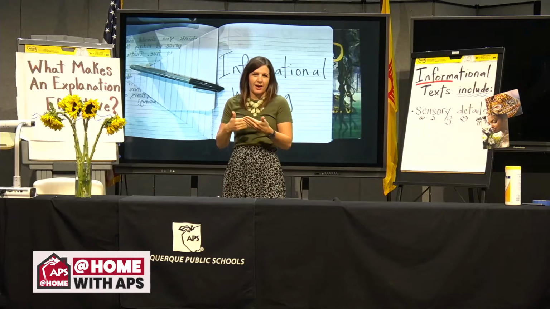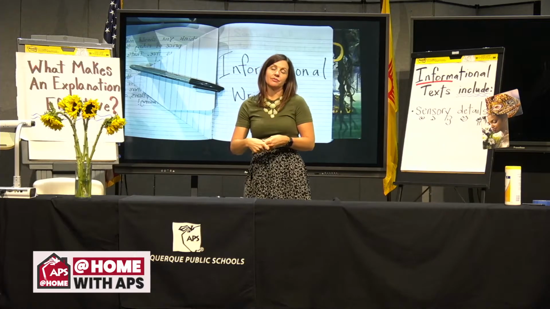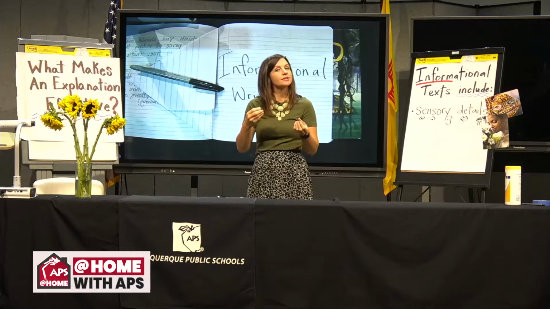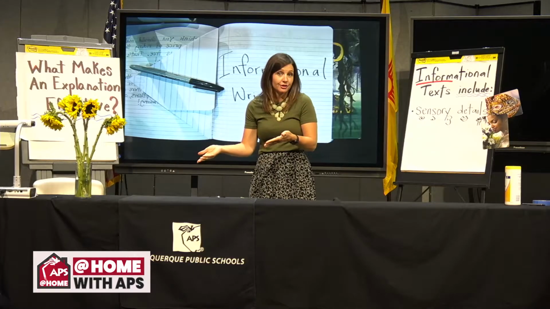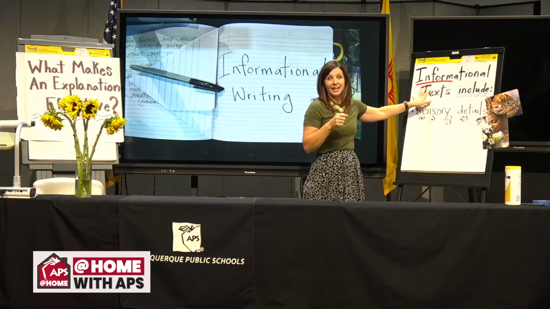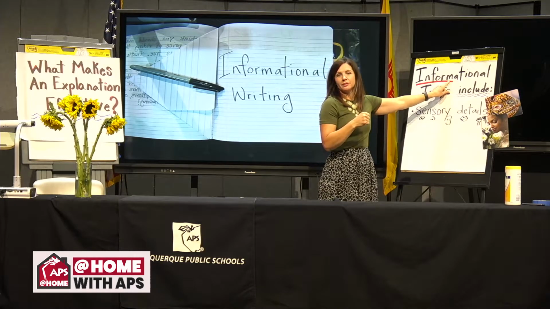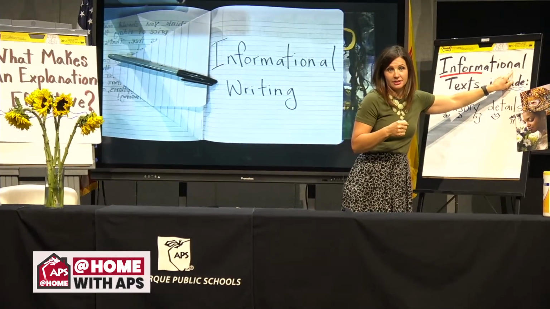So one way that you can make an explanation more effective is by using senses or sensory details to inform others. In the word informational text, I see the word inform. I see the word information.